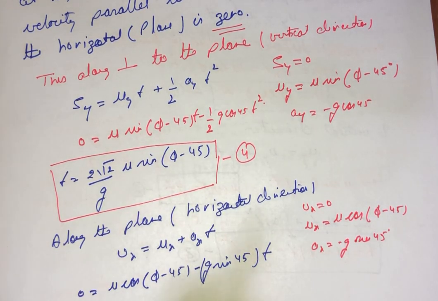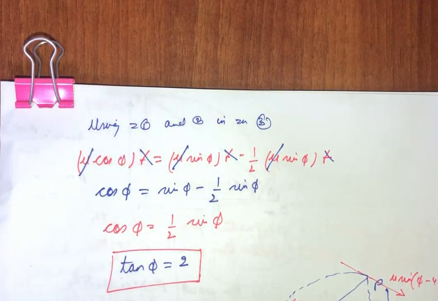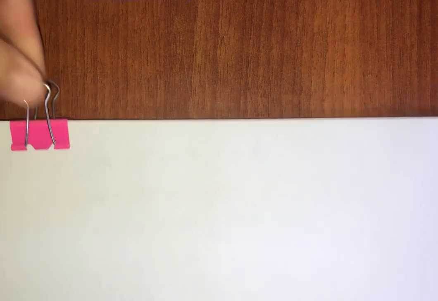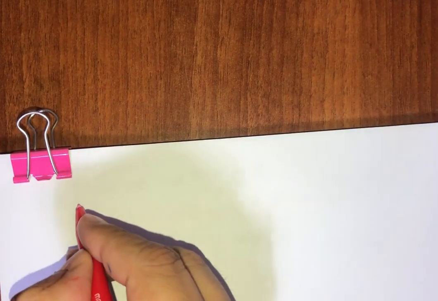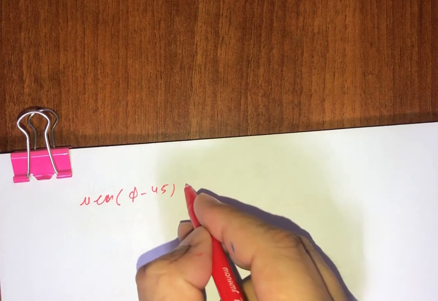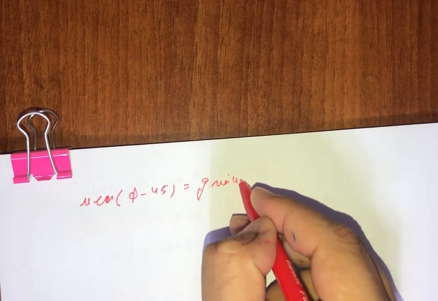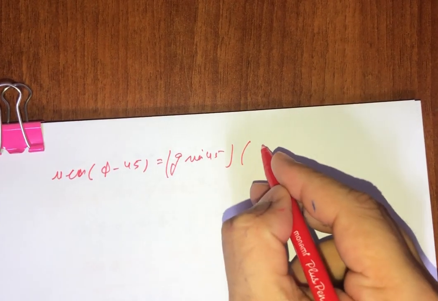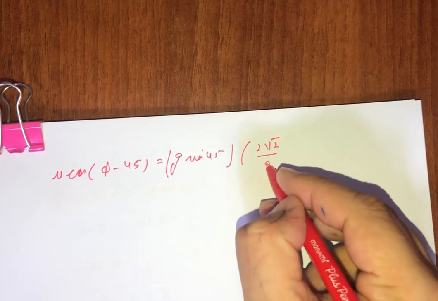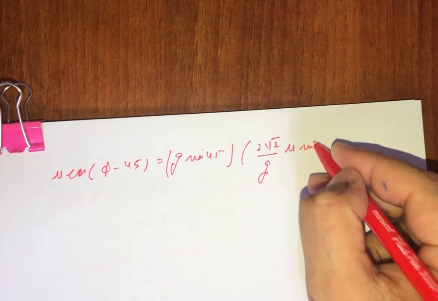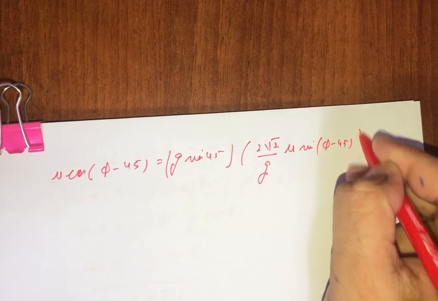We already know the value of t, so this can be further solved as u cos of phi minus 45 is equal to g sine of 45, and substituting the value of t, that will equal to 2 square root of 2 divided by g u sine of phi minus 45.